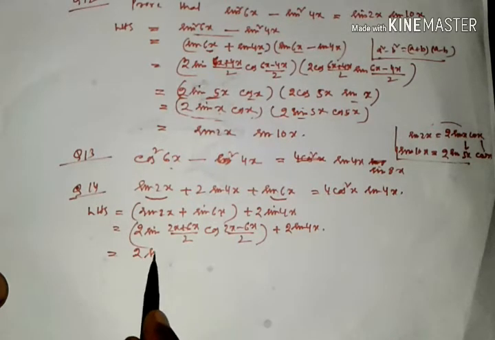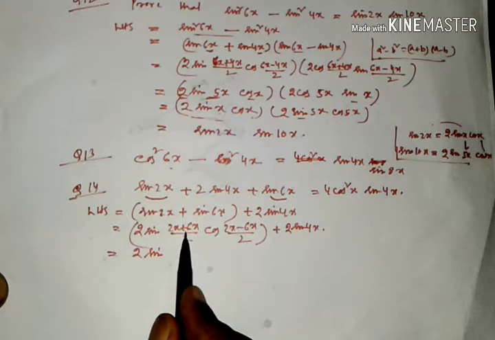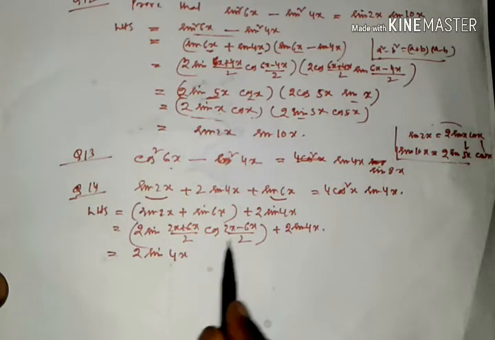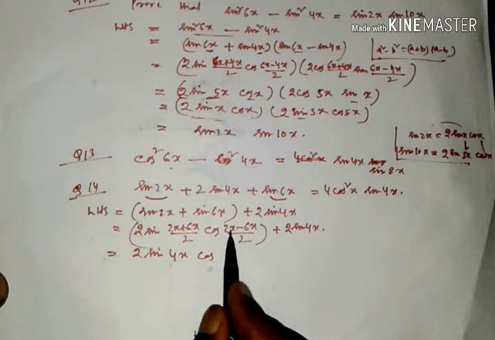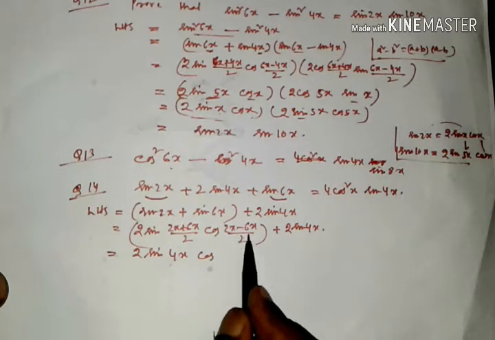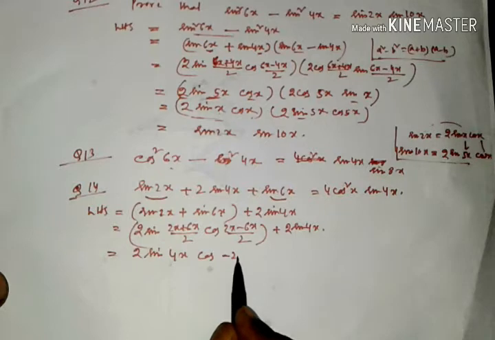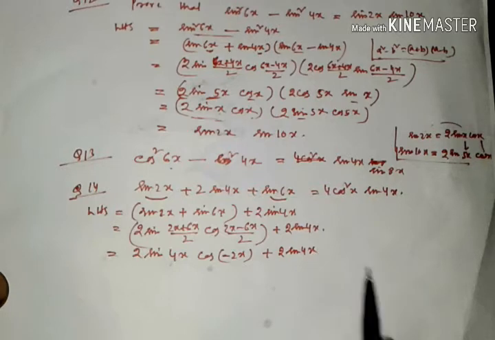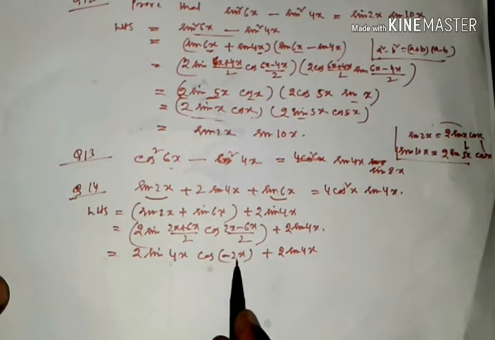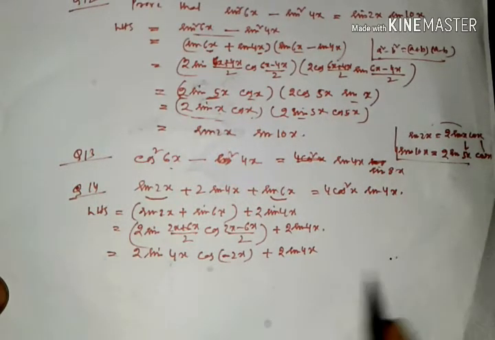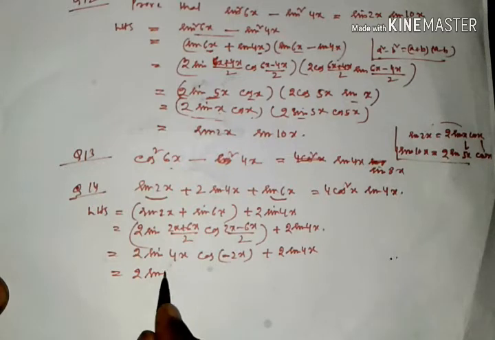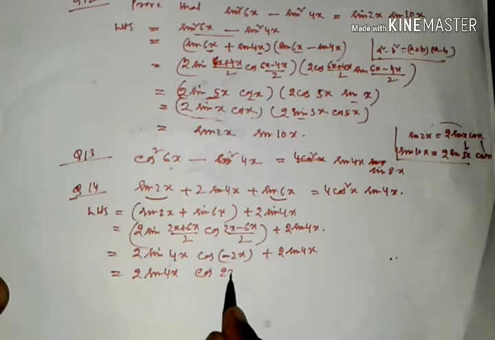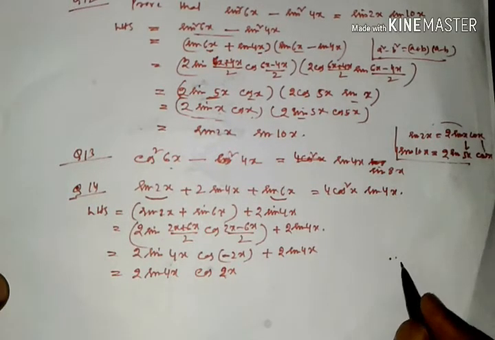Now 2 sin, 2x plus 6x is 8x, 8x by 2 is 4x. Cos of 2x minus 6x, this is minus 4x divided by 2, therefore minus 2x. It is 2 sin 4x cos minus 2x, and cos minus 2x is cos 2x.